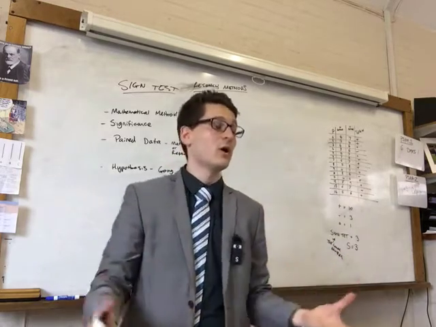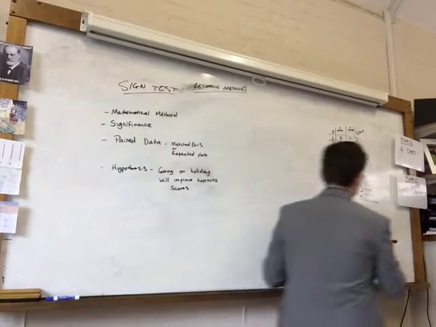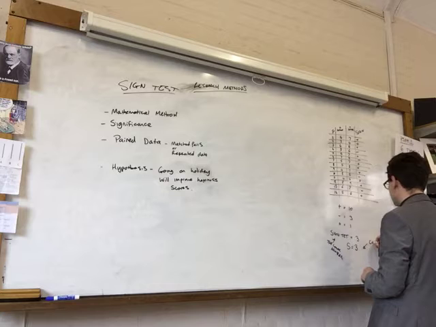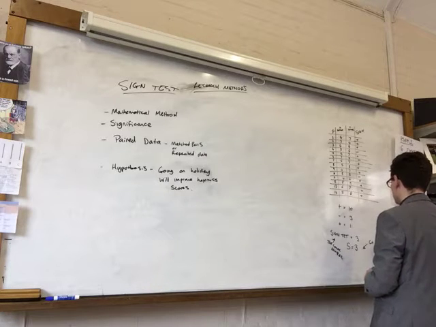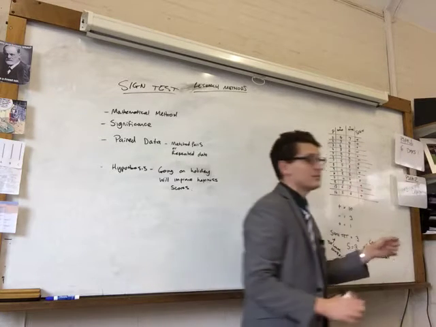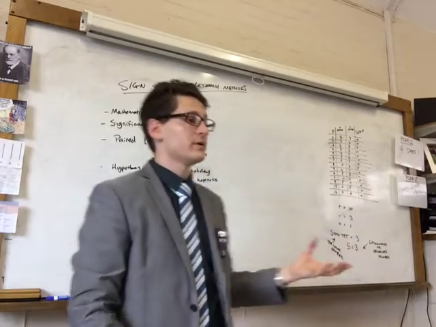Okay, brilliant. What that is called, and you will need to know this eventually, is our calculated or our observed number, because that is the number we calculated, the number we observed.